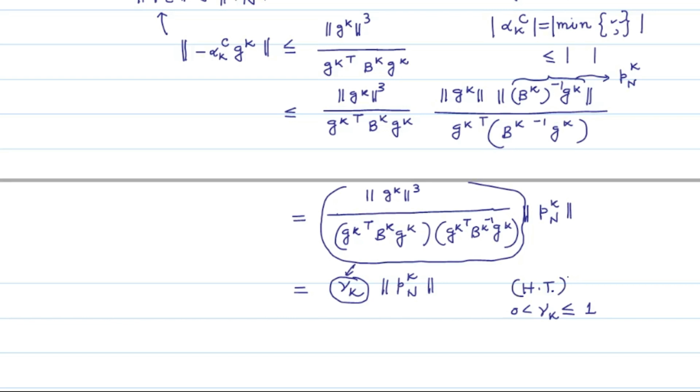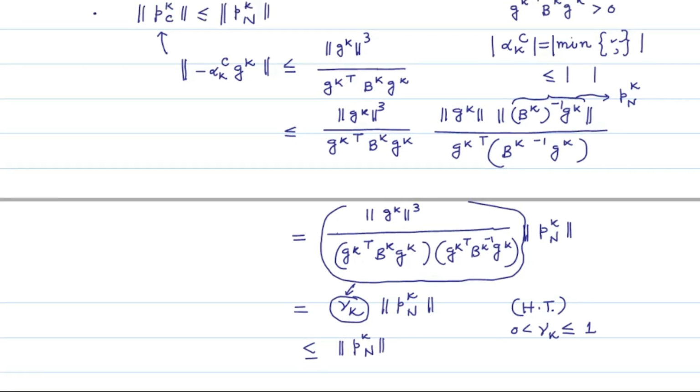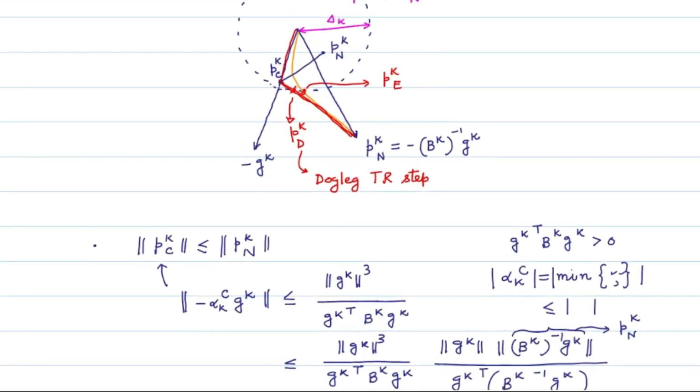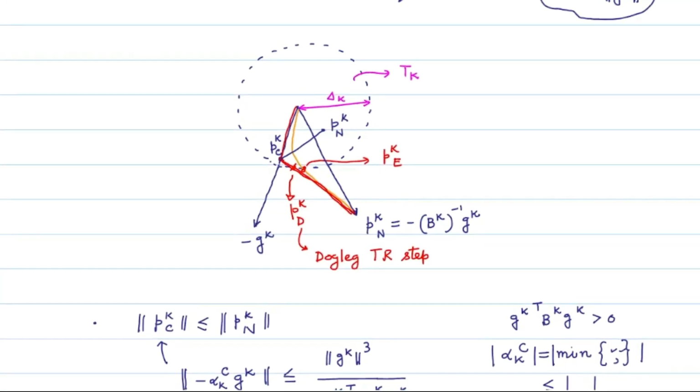And once this gamma_k is less than 1, then we have this less than or equal to norm p_k^N. So the Cauchy step is always a smaller distance away than the Newton step, and therefore this portion of the dogleg will certainly intersect the boundary of the trust region, provided p_k^C is on the boundary or outside of the trust region.